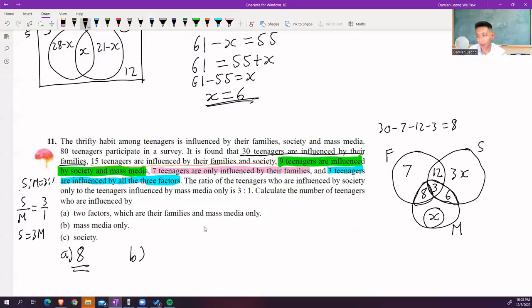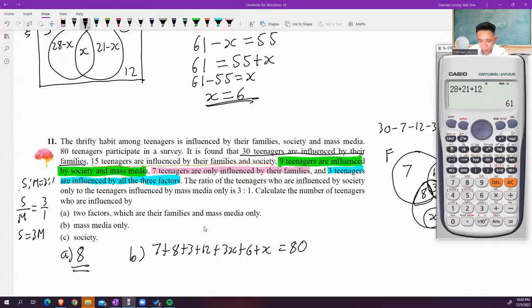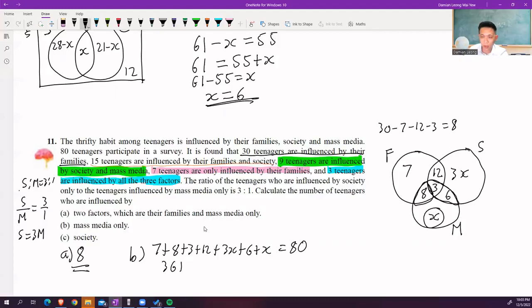So all together is 80. 7 plus 8 plus 3 plus 12 plus 3x plus 6 plus x. Yeah, all of these added together should be equal to 80. Then I can find the x. 7 plus 8 plus 3 plus 12 plus 6 is 36. 3x plus x is 4x equals 80.